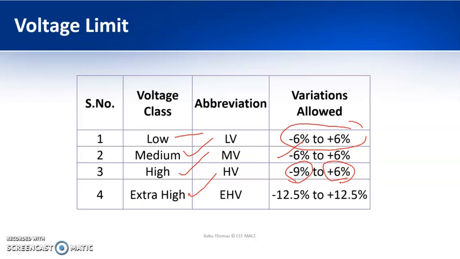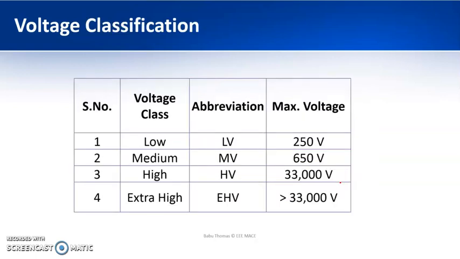Next we are going to discuss what these low, medium, high and extra high voltages are. All voltages up to 250 volt are low voltage. From 250 to 650 it is medium voltage, up to 33 kV it is high voltage, and anything greater than 33 kV is extra high voltage.